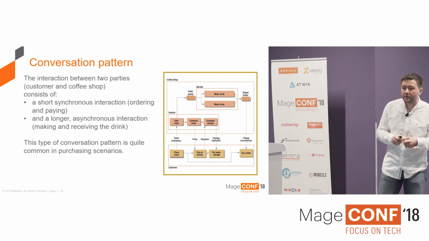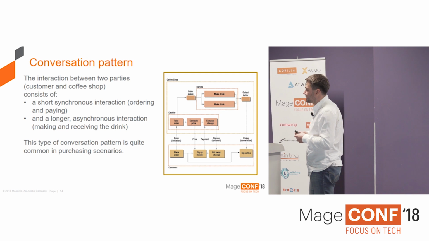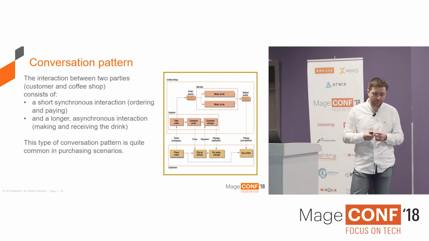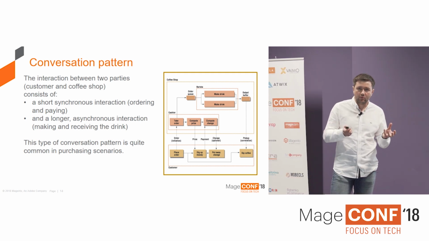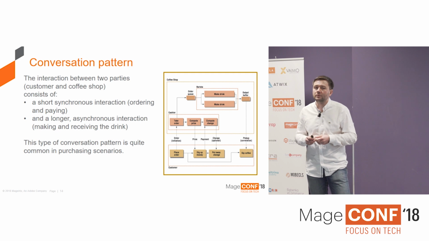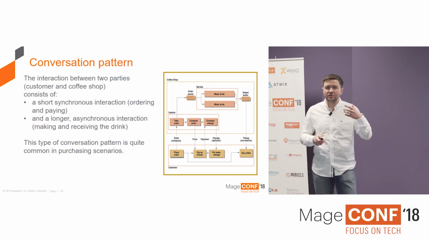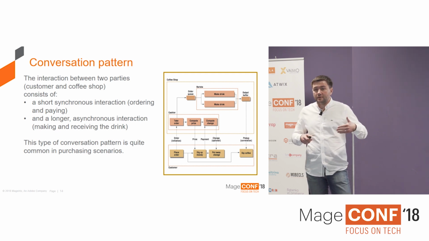And actually, this type of conversational pattern is quite common for a purchasing scenario as well. It's pretty true for Amazon.com, for example, because Amazon creates the order for you when you make an order and assigns the order ID for you. And after that, all the changes you apply to that order, for example, shipment, would be done asynchronously.